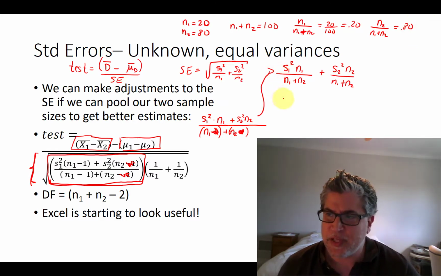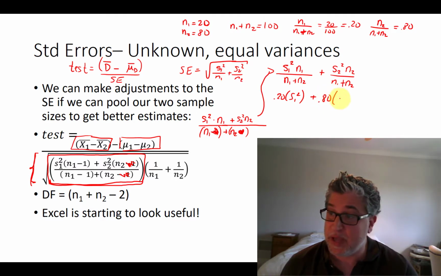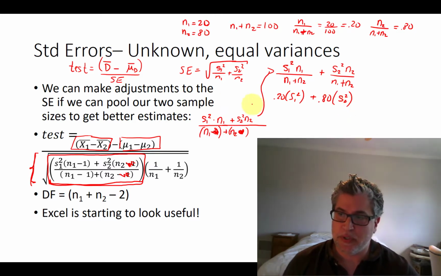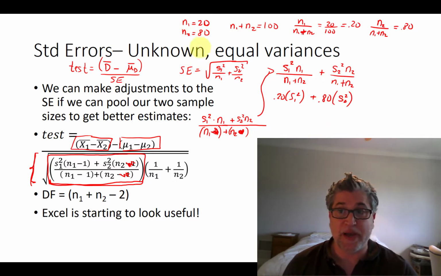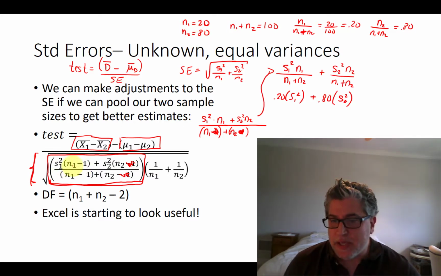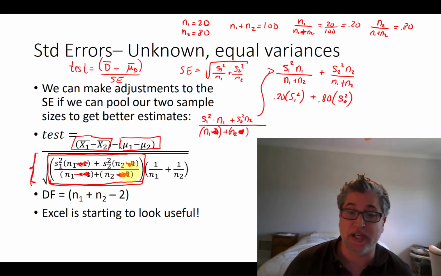So what this thing really is, is a weighted average of the variance from the first group and the variance of the second group. All right, so 20% from the first group, 80% from the second group. And those weights are basically given by the relative frequency of the two groups. That's what's going on here, except each sample size loses an observation. That part isn't critical to understanding what's going on.